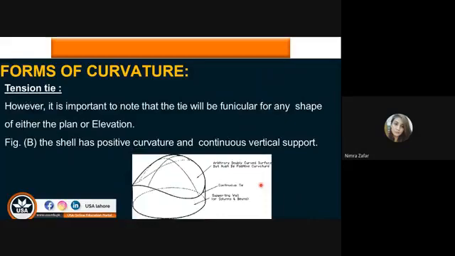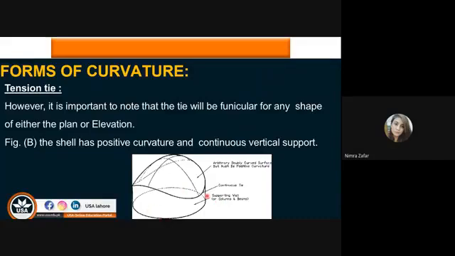However, it is important to note that the tie will be funicular for any shape of either the plan or the elevation. Figure B shows the shell has positive curvature and continuous vertical support. So this is the positive curvature, upward curvature.